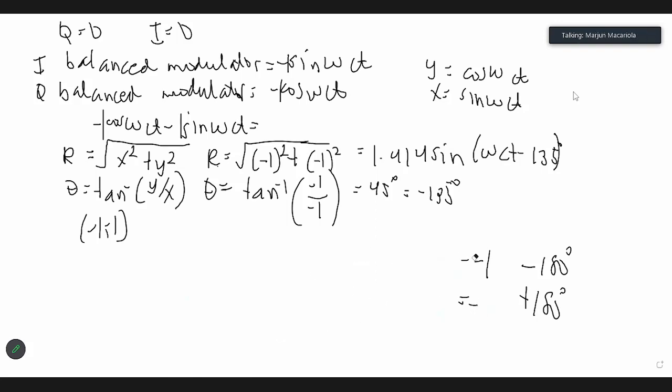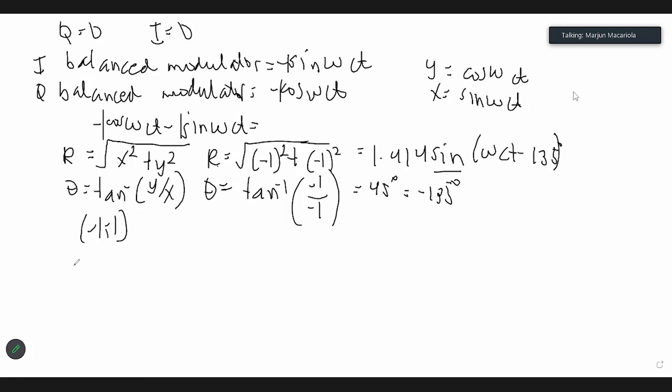Okay, clear. Okay. So, nakita nyo, bakit naging sine siya? Sine kasi ang ating reference oscillator ay sine. Pero kapag ang given ko ay cosine, so magiging cosine ito. Okay? Okay.